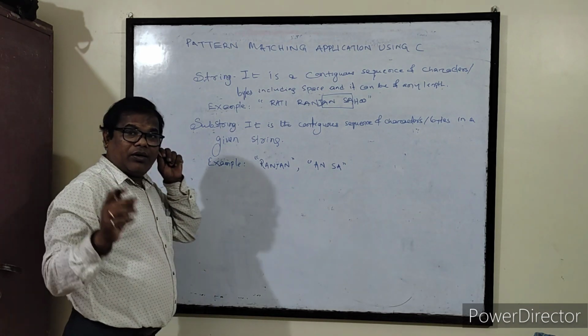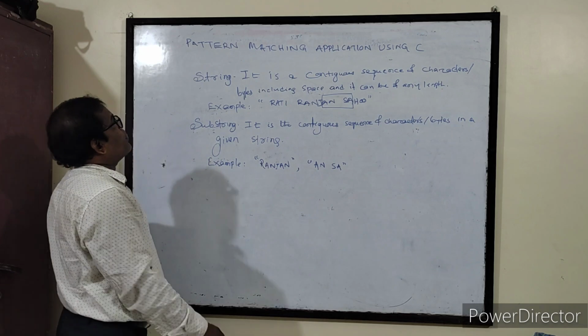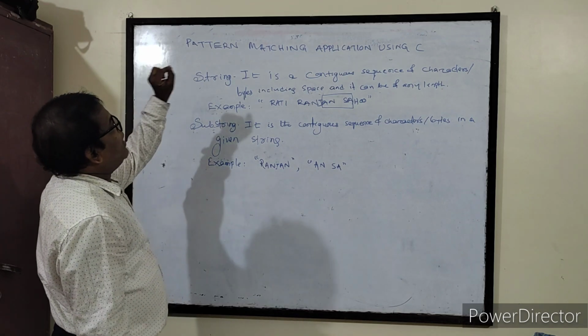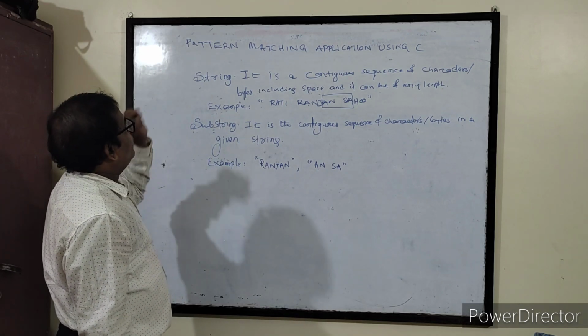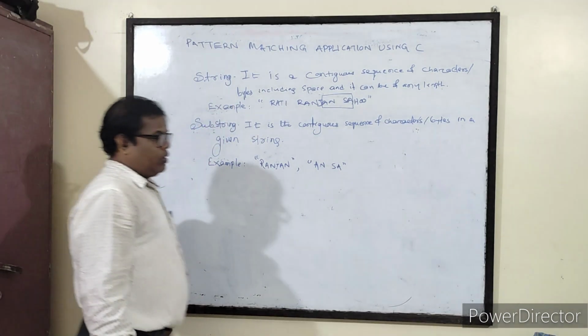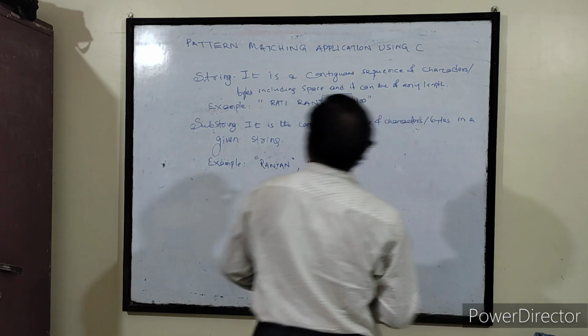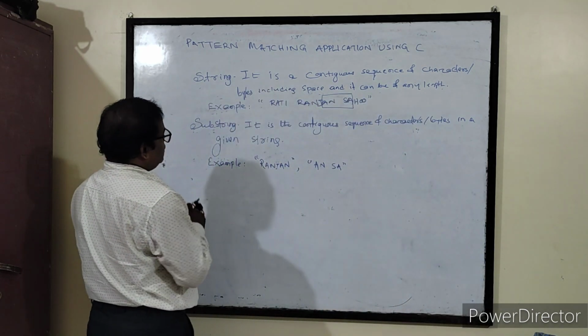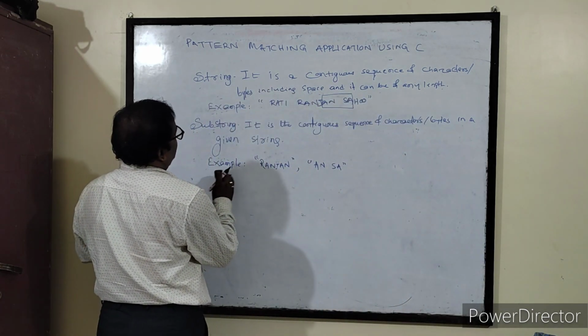So what is my topic of discussion today? Pattern matching application using C. For that, we should see the syntax of the C language for implementing this program, this application. So what is this idea? The idea will be coming shortly.